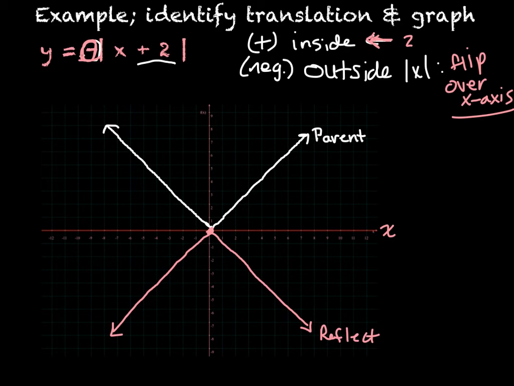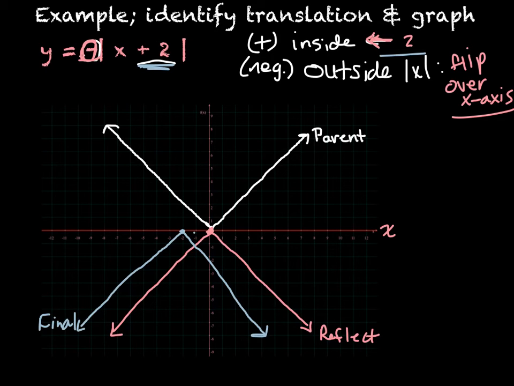That's after my reflection. And the next thing I'm going to do is my plus 2. So that is moving left 2. So this is my new point, and remember, it's the pink graph we're changing now. So this is my final. My final graph is an upside down V that has been shifted to the left 2.